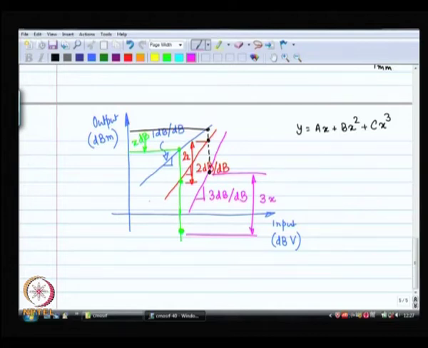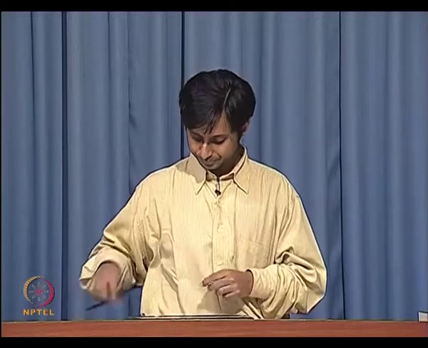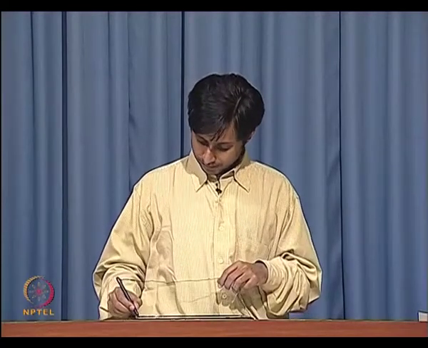So, this is typically what I mean by back off. You design your power amplifier for a certain power and then you back off from there and reduce the distortion. So, this is very straightforward, it is used all the time, and on top of it you use feedback, and as a result you are going to get a very linear nice power amplifier. All right.